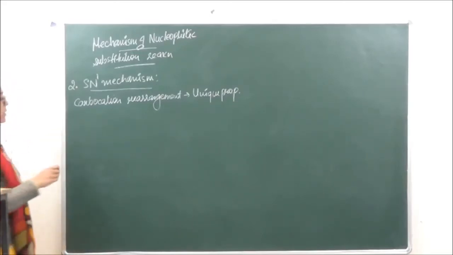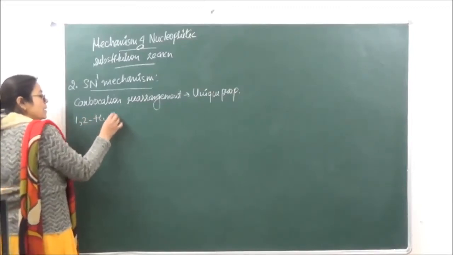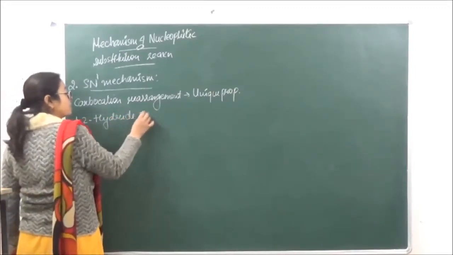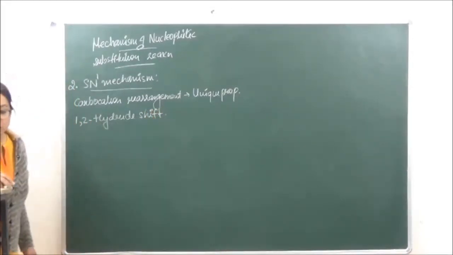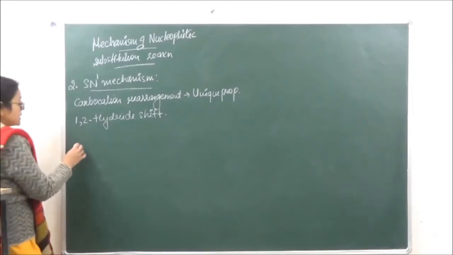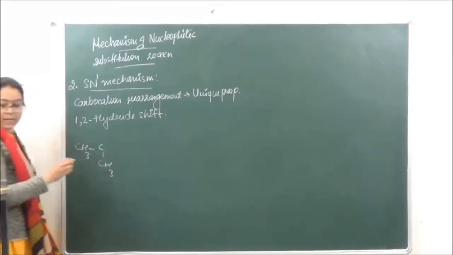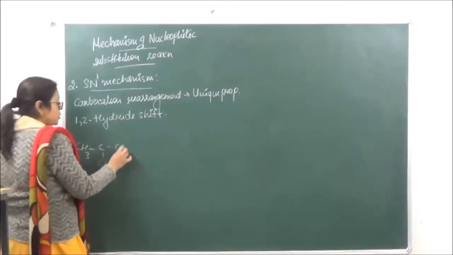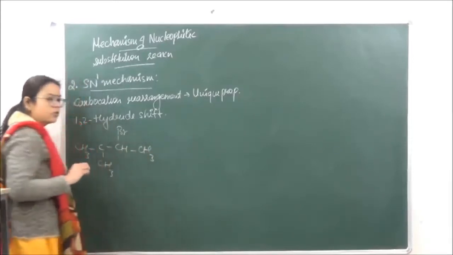Okay, so we are going to do two shifts over here. The first one which we are doing is known as the 1,2 hydride shift. Hydride shift means that the hydrogen is going to shift. Now, let's say that a reaction given to us is something like this. We have CH3, CH, Br and CH3.